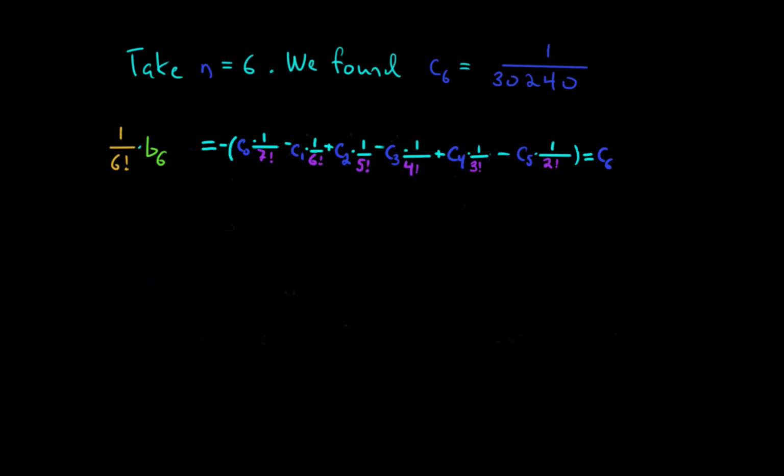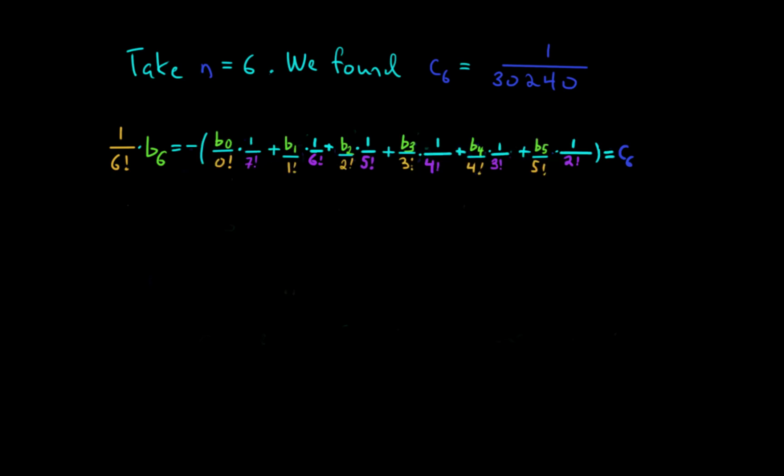In fact, I can rewrite all the c sub n in this formula in terms of the related Bernoulli numbers. So c sub 0 becomes b sub 0 over 0 factorial, c sub 1 becomes b sub 1 over 1 factorial, and so on. And now we're already pretty close to deriving our recursion relation for the nth Bernoulli number. We'll multiply both sides of this equation, in this instance by 6 factorial.